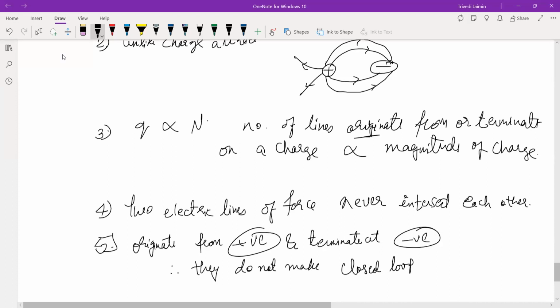Magnetic field lines go north to south and inside, back to north. But electric field lines don't. They just originate from positive and terminate at negative. They do not make closed loops here.